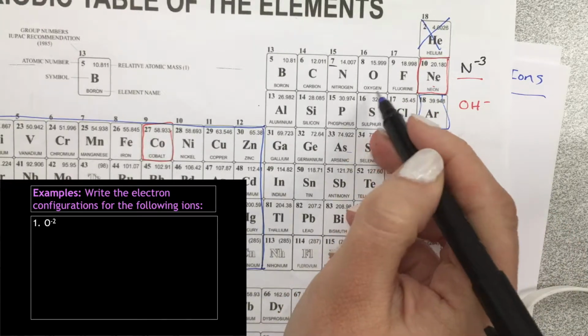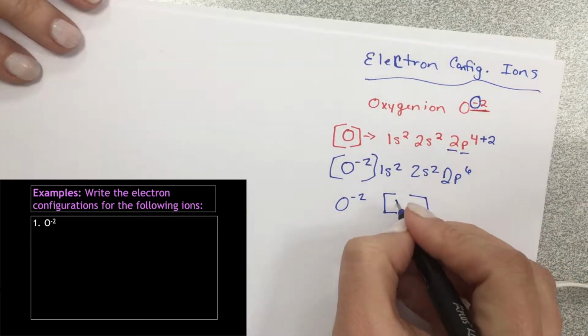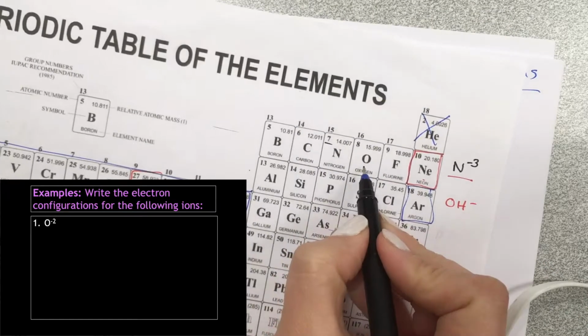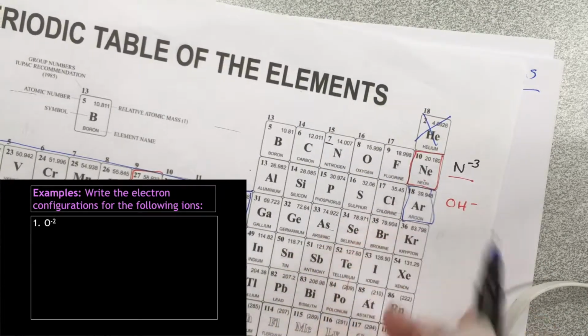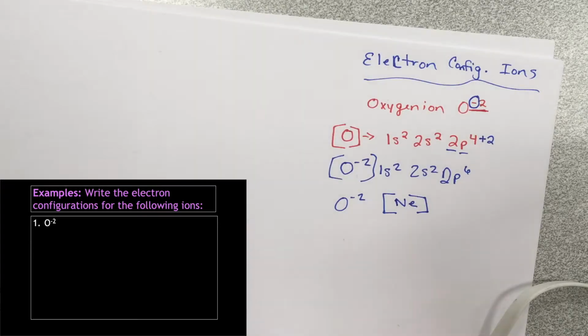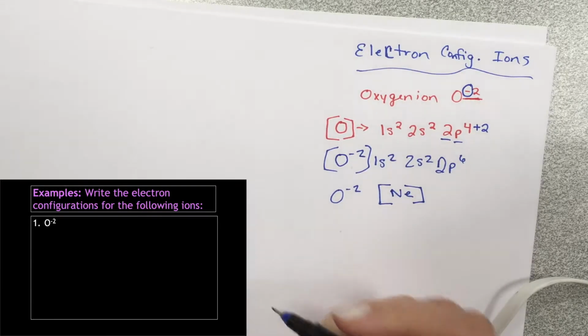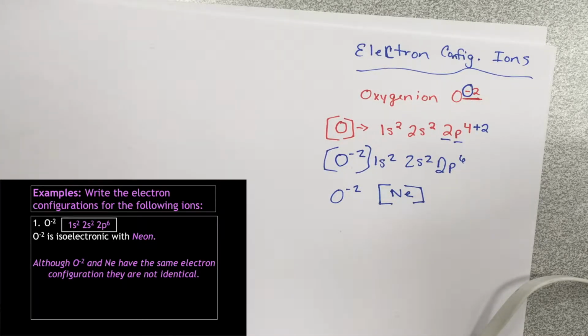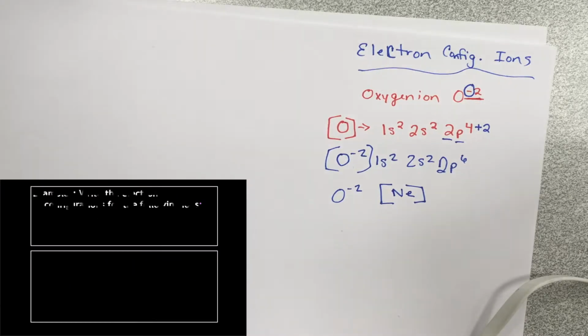So these are a little different. You just do that, okay? Because it's oxygen with 2 extra electrons, and it's actually isoelectronic with the noble gas. So you will have that question on the test, and that's how you would answer it. And that last section right there, I already told you guys, it's not identical to the noble gas, and the reason why is because of the number of protons.